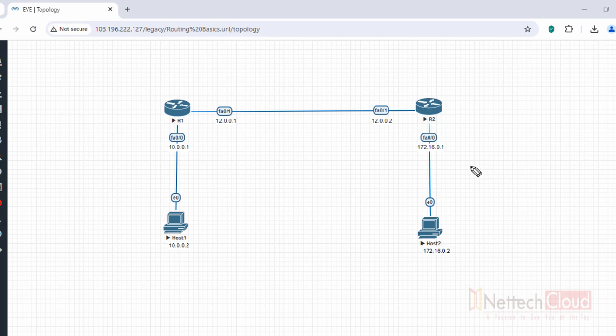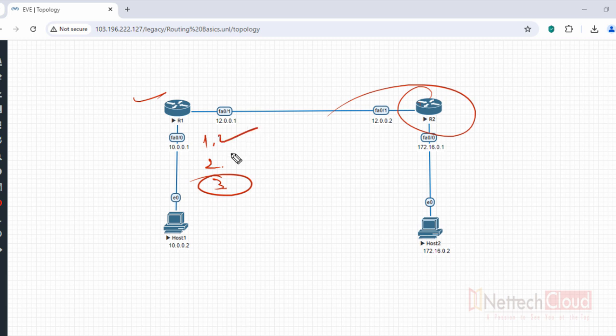Now here there is a catch. If proxy ARP is not working, if proxy ARP is not enabled, then what would happen? Of course, there will be an issue at step number 3. Routing table lookup done, exit interface determined, switching is done, it's an internal process, moving packets between the interfaces. Where is the problem? At step number 3.